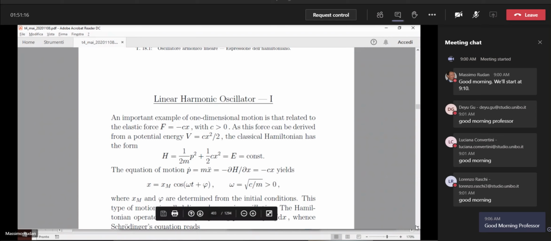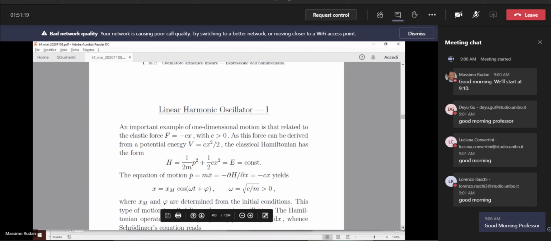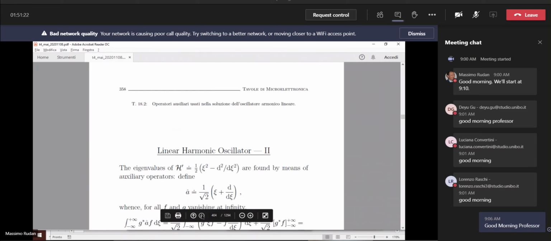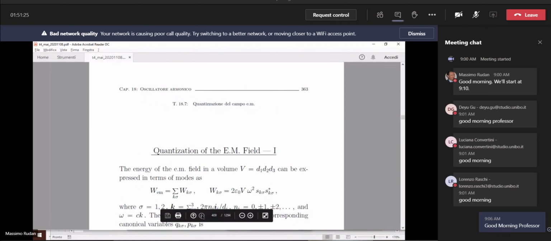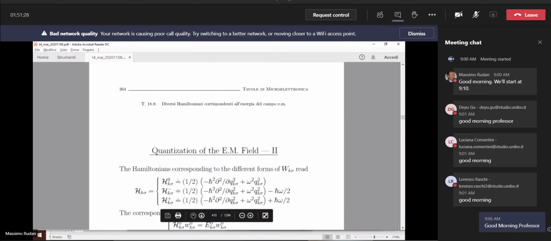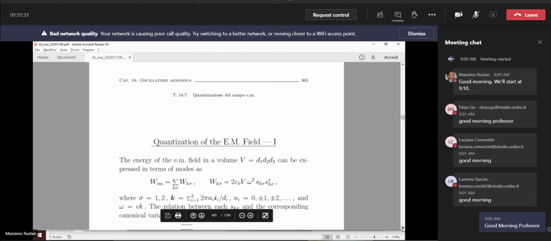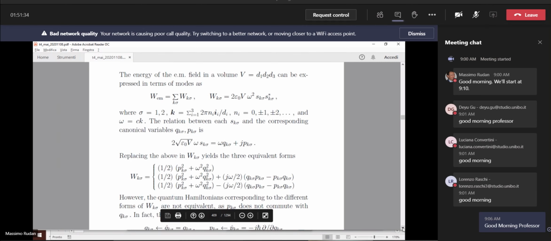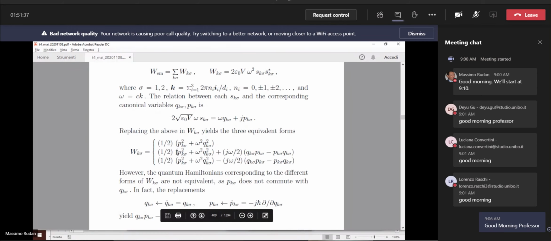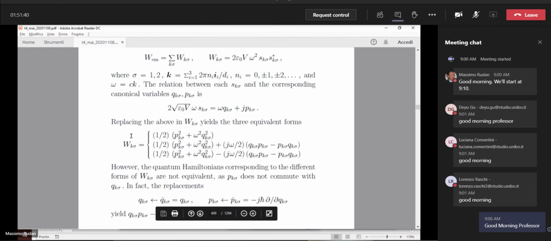Then x you call q, because in the general language of analytical mechanics, the coordinates sometimes are called q. And the energy of the individual mode of the electromagnetic field associated to the wave vector k and to the polarization index sigma is identical to that of the linear harmonic oscillator.